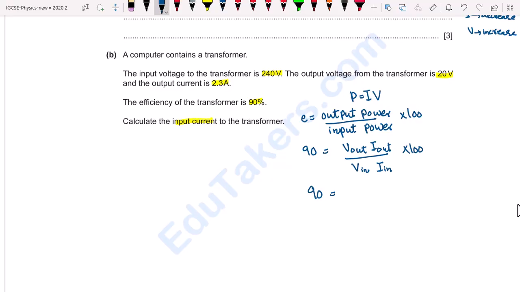Output voltage is given as 20 volts, multiplied by output current, 2.3, and input voltage is given as 240, and we have to find the input current.